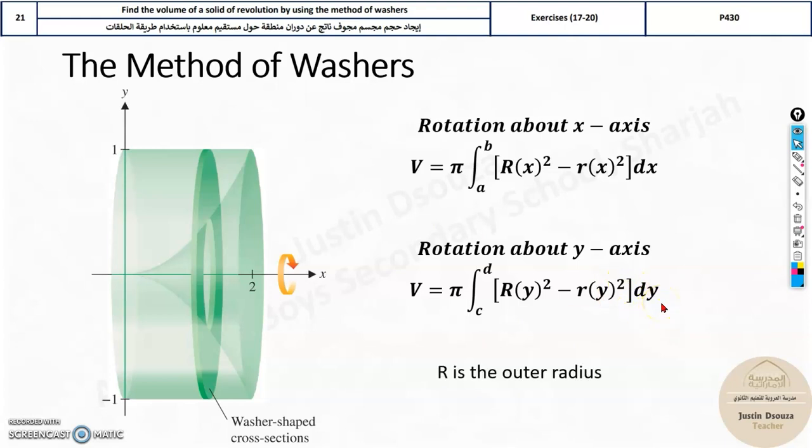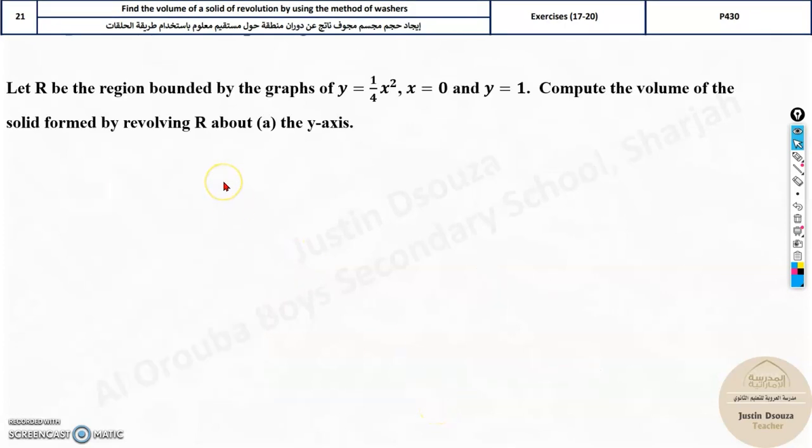We will see a problem, you'll understand how easy it is, where capital R is the outer radius and the inner radius is given by small letter r. If you understand these formulas, then it's very simple. But now this one is not the washer problem, just for your understanding, we have done this before.